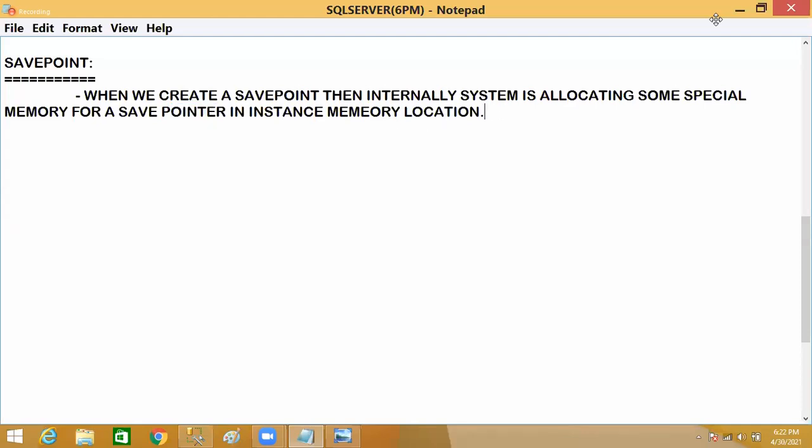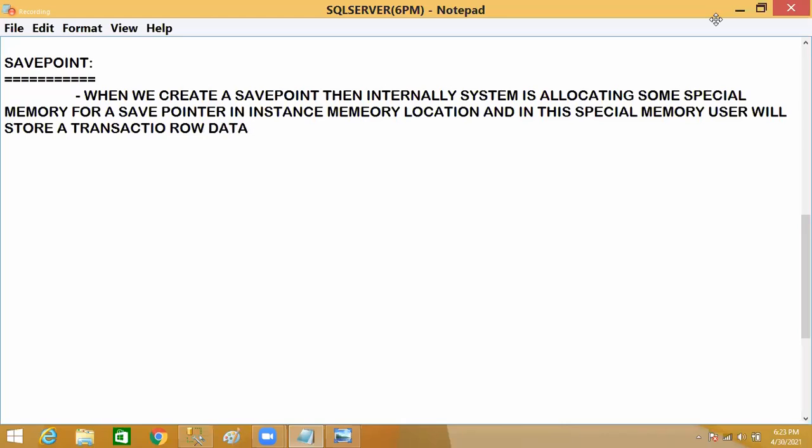And in this special memory, the user will store the transaction row data for rollback, whenever the user requires.